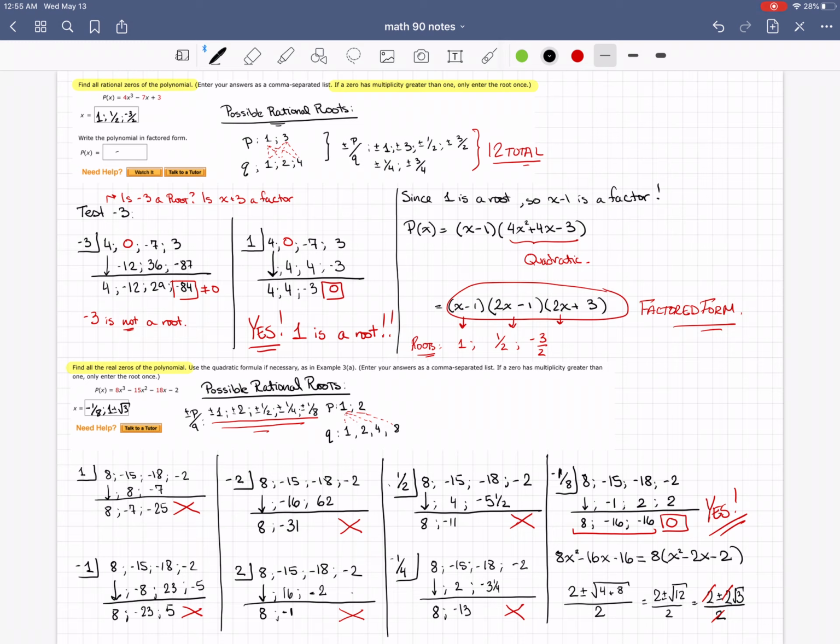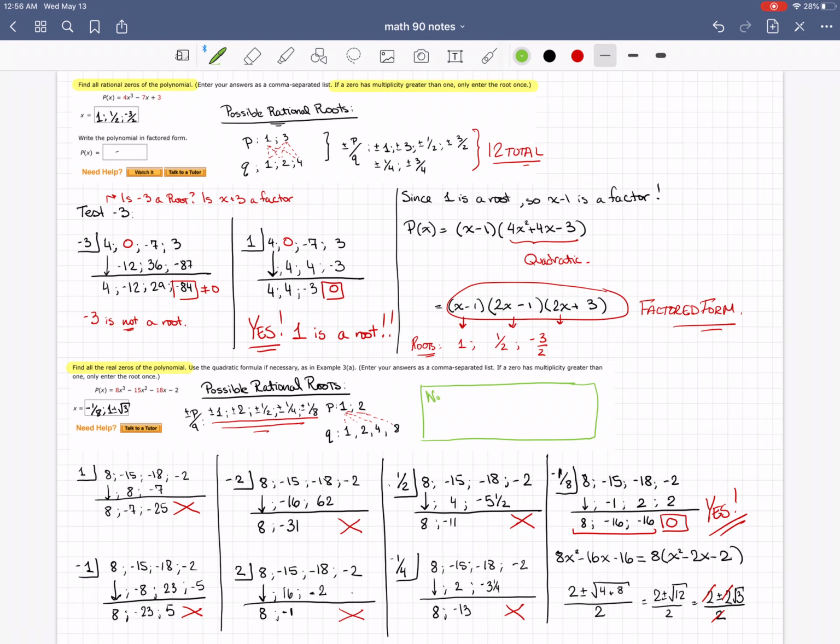So there are our 3 real zeros, or 3 real roots. Negative 1/8, 1 plus the square root of 3, and 1 minus the square root of 3. I'm going to finish this lesson with just an observation.